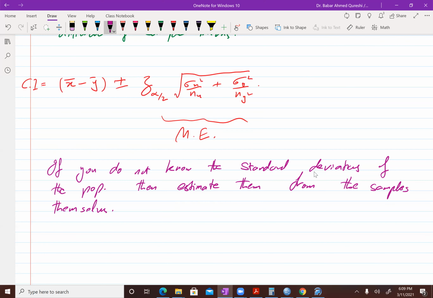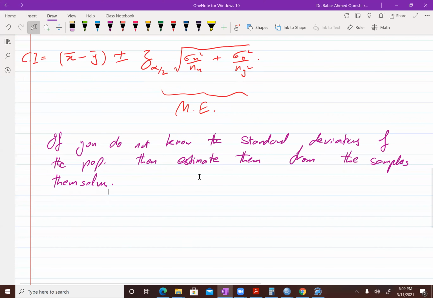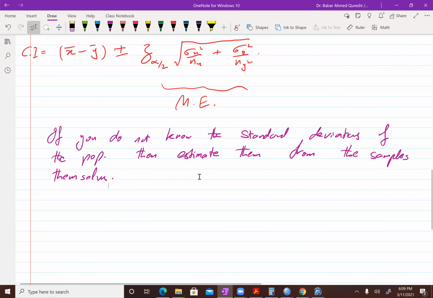When you estimate them from the sample, the standard deviations themselves become random variables, so I cannot use the standard normal. Instead, I have to use something closely related to the standard normal, which is the T distribution.